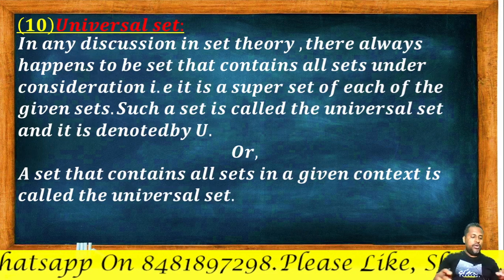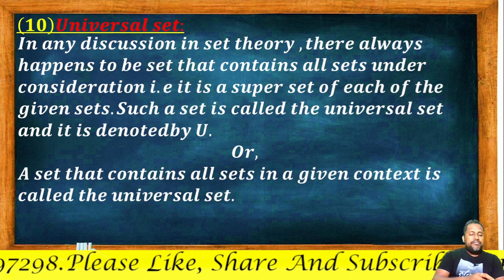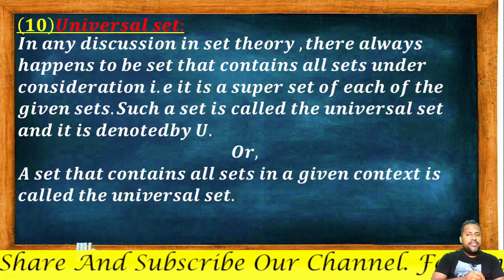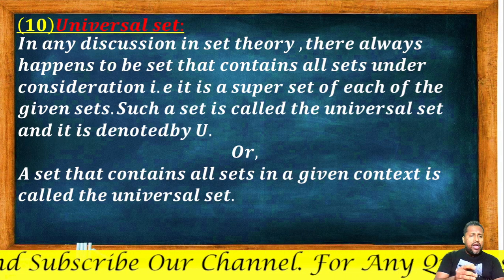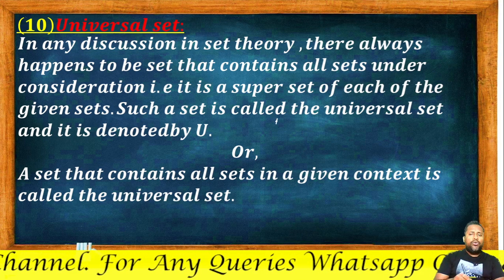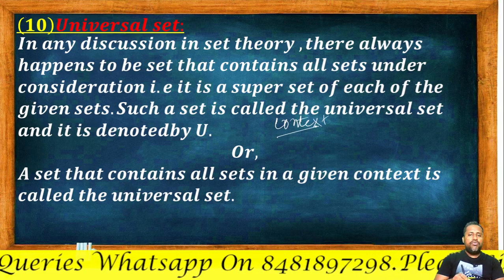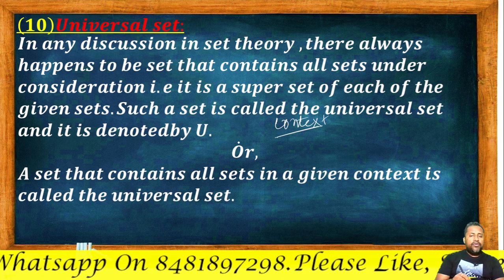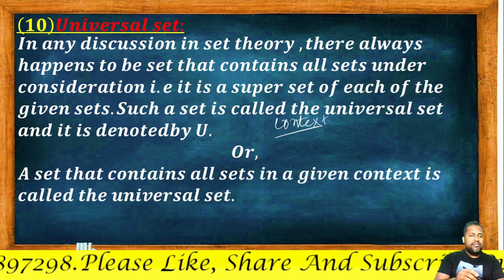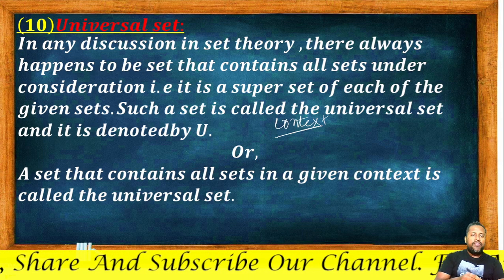Next one, universal set. What is universal set? Universal set is considered in the discussion of set theory, and it is considered in a particular context only. If the context varies, then the universal set will also vary.